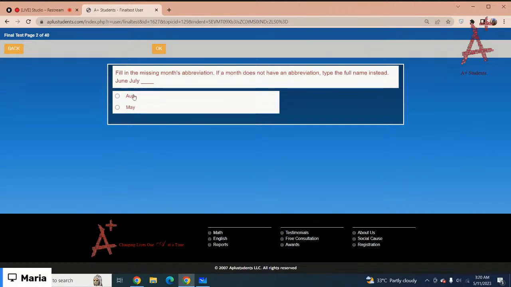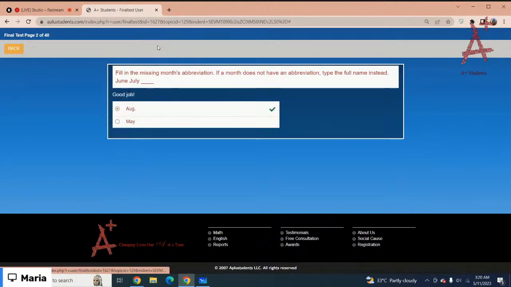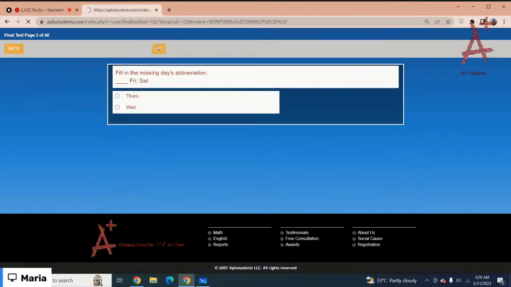It would be August. Fill in the missing day's abbreviation, which is the day before Friday. Before Friday, it would be Thursday. The correct option is Thursday.